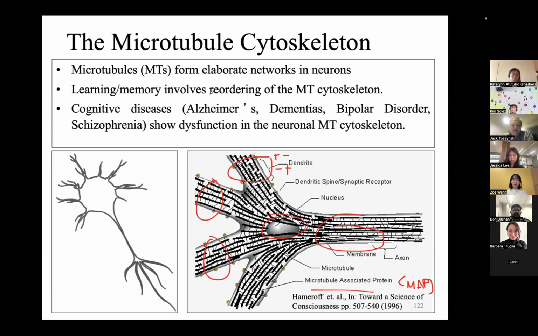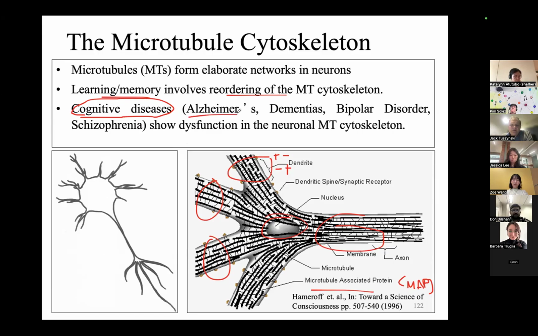In this slide, it's mentioned that learning and memory involves reordering of the microtubule cytoskeleton, reorganization, and strengthening of synapses, which is called long-term potentiation. But almost all, if not all, cognitive diseases, neurological disorders are related to the deterioration of some form of microtubule cytoskeleton and the related proteins.